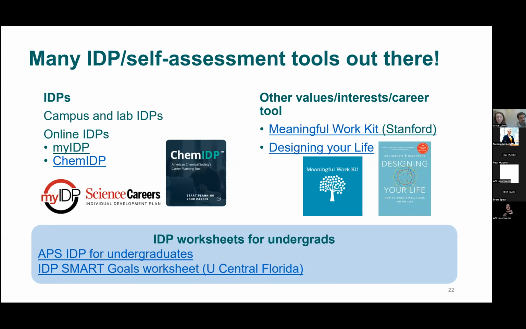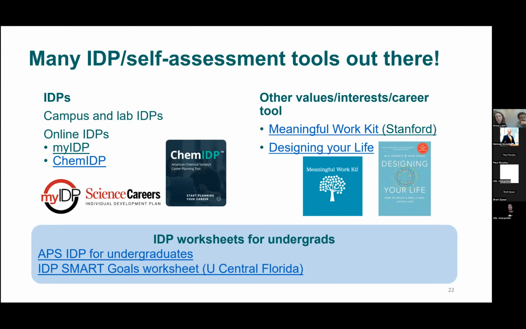There are undergraduate versions. The American Physical Society has a nice, simple version for undergraduates, especially those just beginning in research. And there's a complementary tool from the University of Central Florida that connects SMART goals to the IDP.